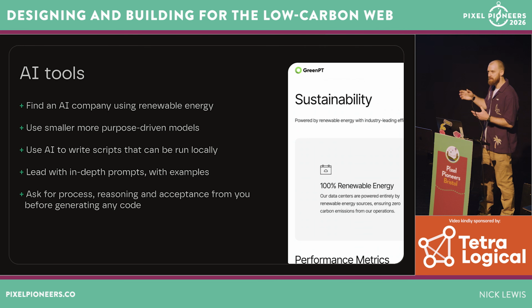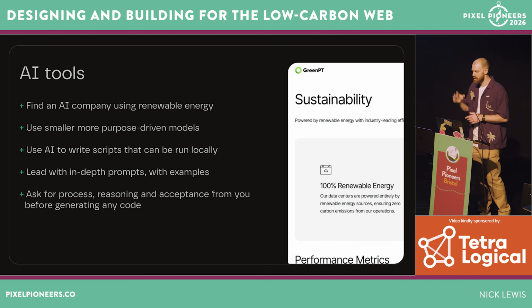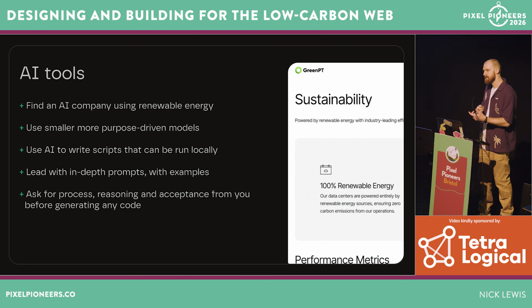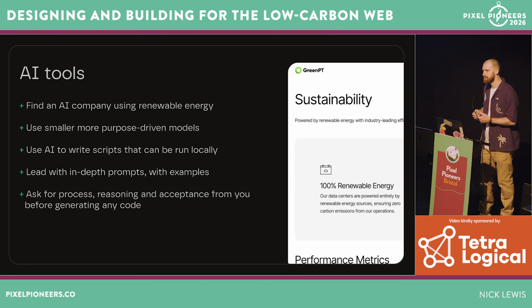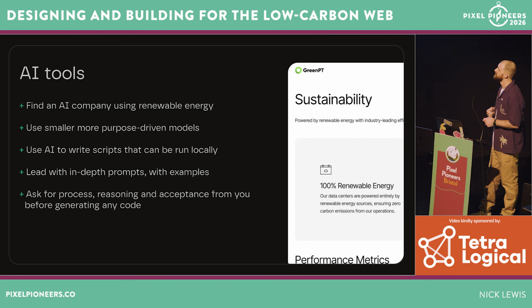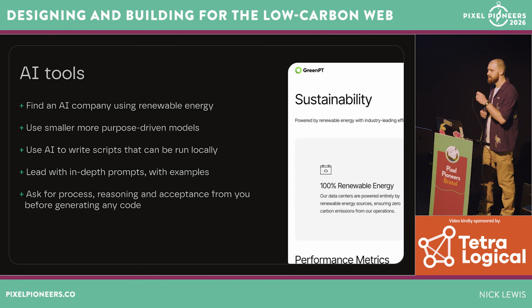We can use AI perhaps in a different way. So instead of just constantly going back to it for the same repetitive tasks that maybe you're doing, maybe you could get it to write a script that you can run on your device for free over and over again to run that same process or a very similar one. So maybe thinking about how we can use it just differently, tweaking.